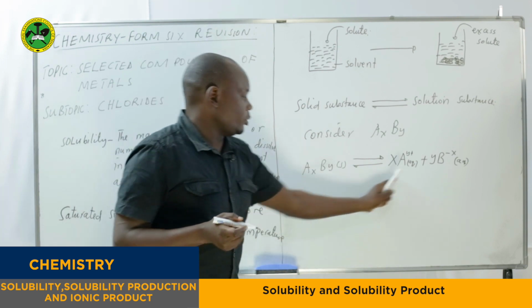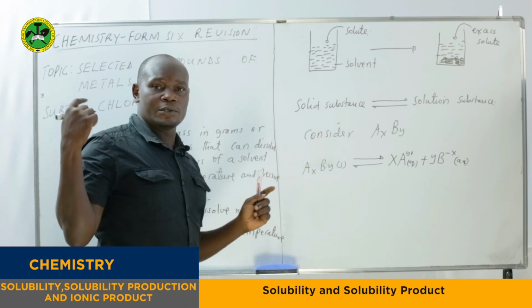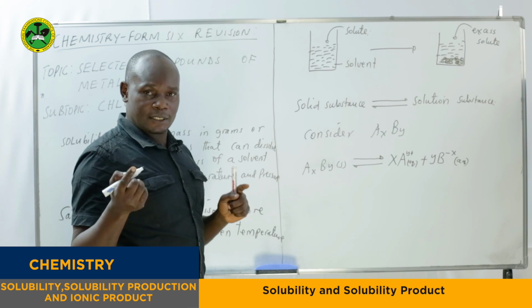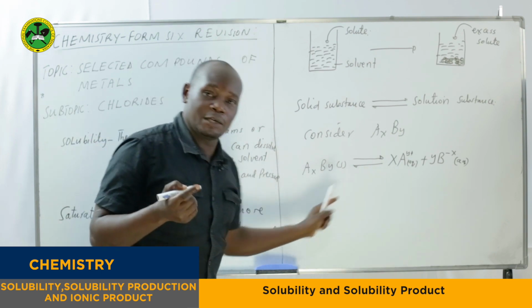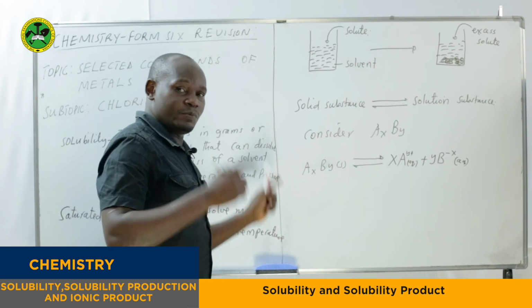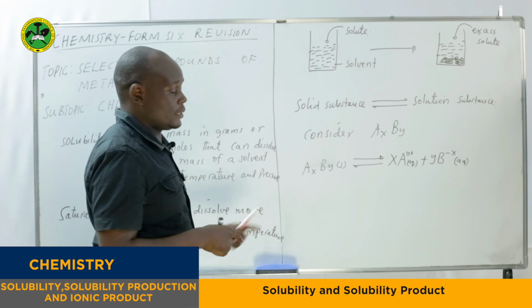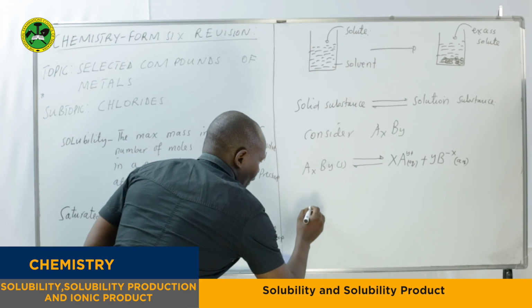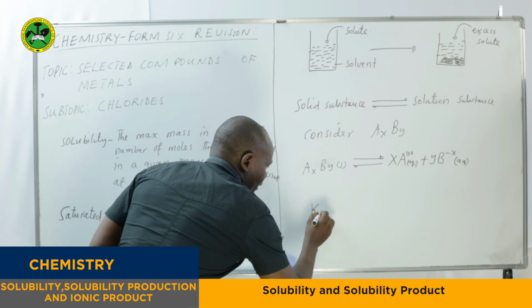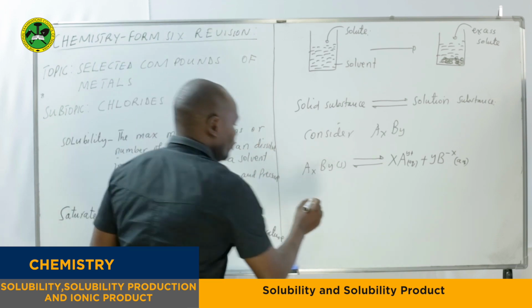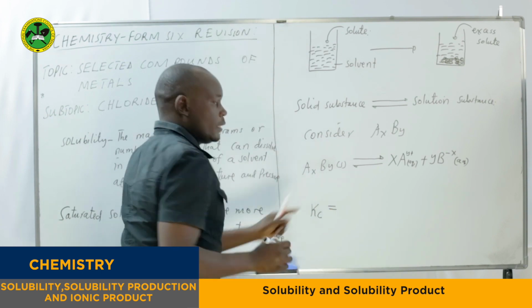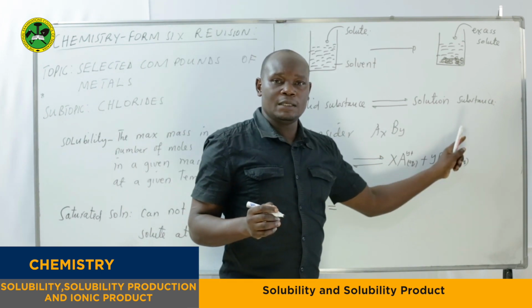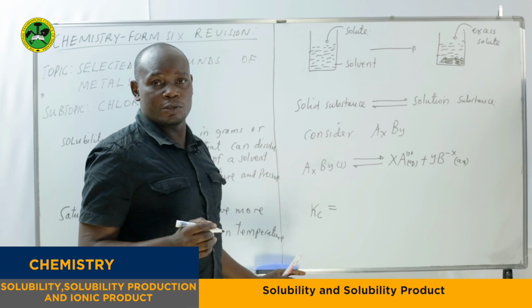Now, going back to the law of mass action, since this is an equilibrium reaction, an equilibrium constant Kc is established. Kc equals the concentration of the products divided by the concentration of the reactant.